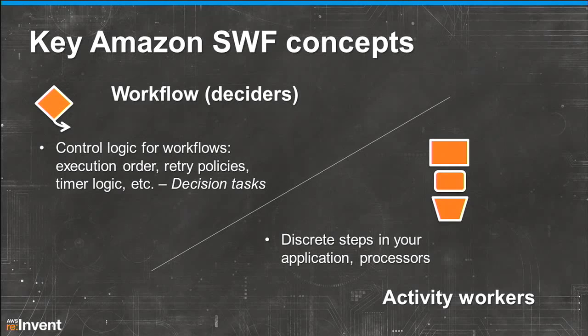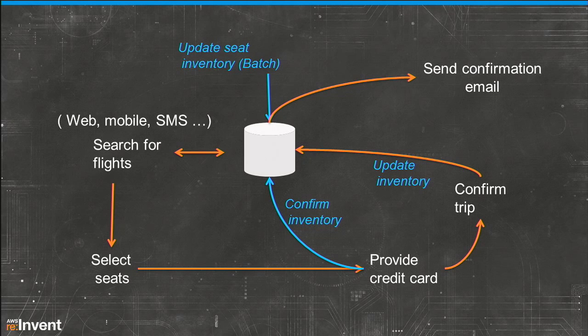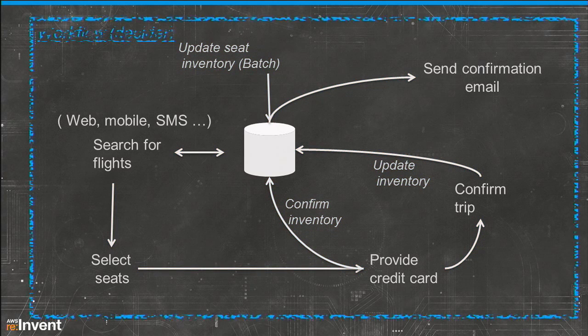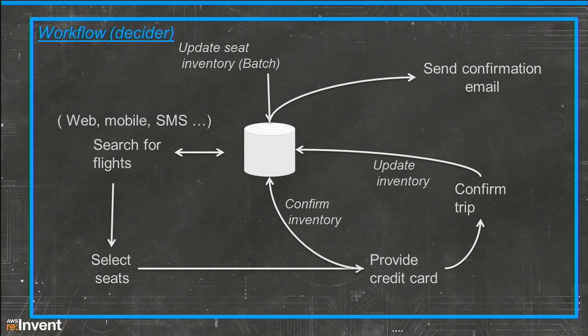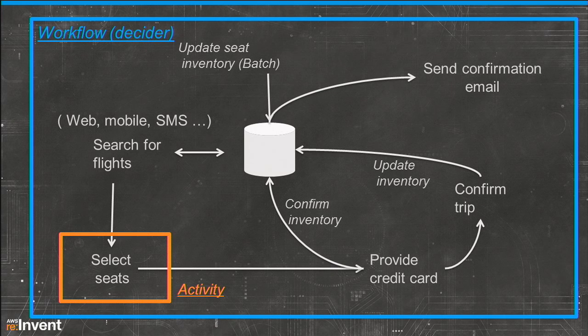An activity worker performs the discrete units of work that you have to perform. So if we go back to the travel booking example, the entire process would be considered your decider, the transitions from step to step. And then a discrete unit of work is what we call the activity.